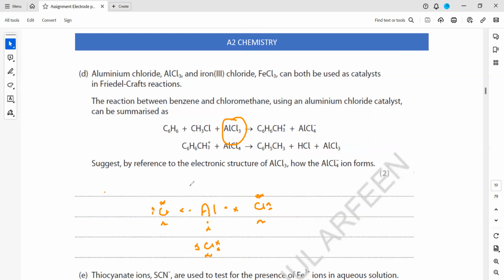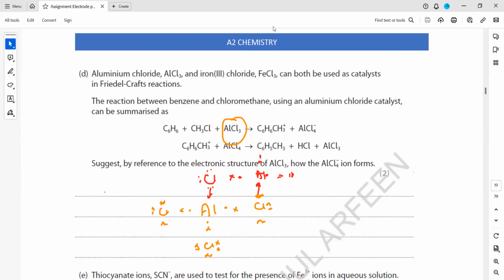But how will the structure be stable? That is by forming a dimer. There will be another AlCl3 molecule. Here chlorine, then aluminium will be there, and this chlorine will have a lone pair, so that is attracted. The two molecules form a dative bond with each other, as two separate AlCl3 molecules. As a result, they make this compound stable.